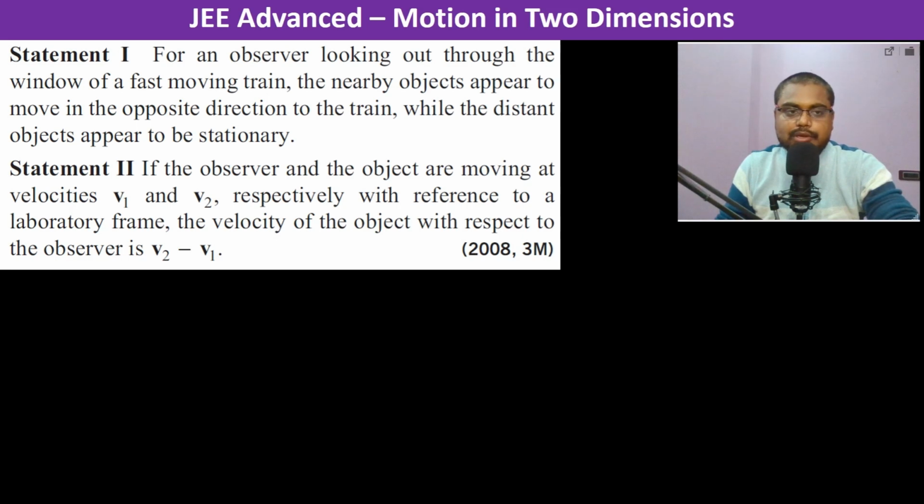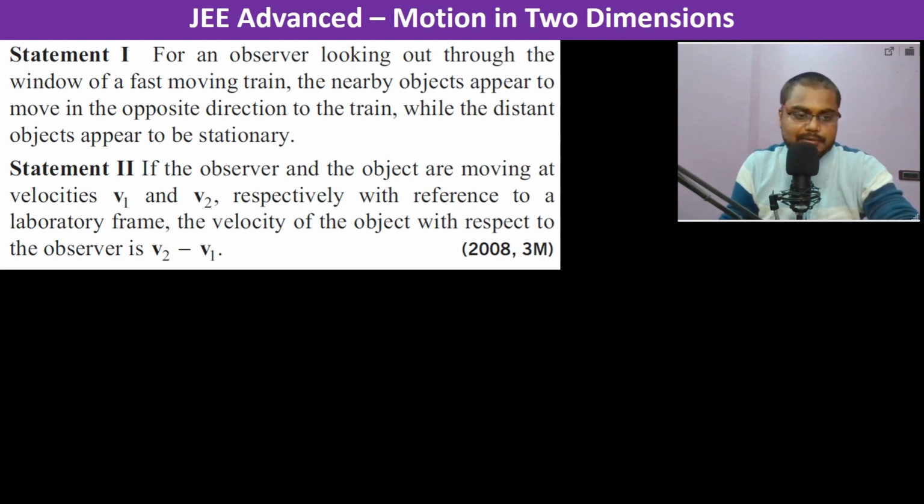For an observer looking out through the window of a fast moving train, the nearby objects appear to move in the opposite direction to the train, while the distant objects appear to be stationary. Yes, this is because of angular velocity.